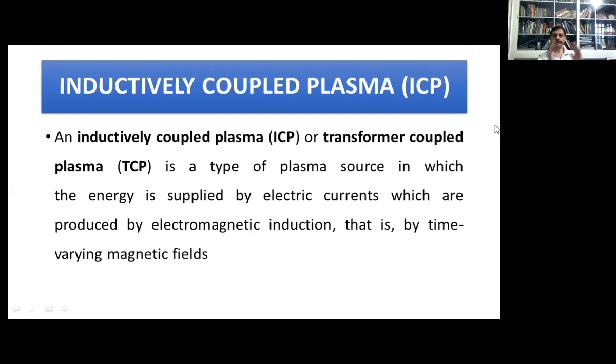Here, inductively coupled plasma is only the source of energy. I explained earlier also when I was talking about scanning electron microscopy.